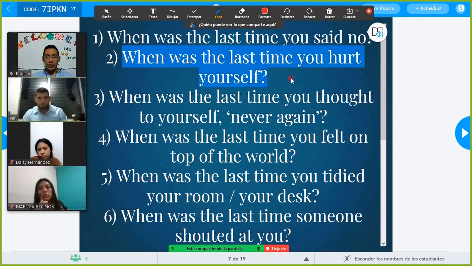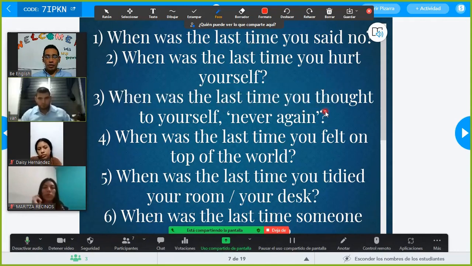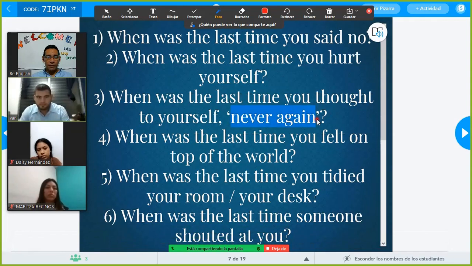Number three, when was the last time you thought to yourself, never again? Okay. Number four says, when was the last time you felt on the top of the world? Number five, when was the last time you tidied your room or your desk?